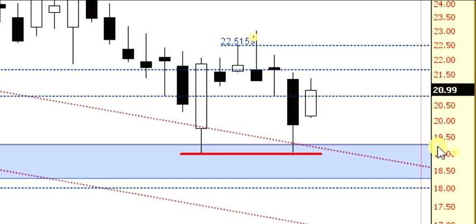So you've got a pullback into a higher low, and then right here, this is an inside. Well, normally we talk about an inside day, but this is an inside week where the body of this candle is inside the body of the previous week's candle. And so, what does that tell us?